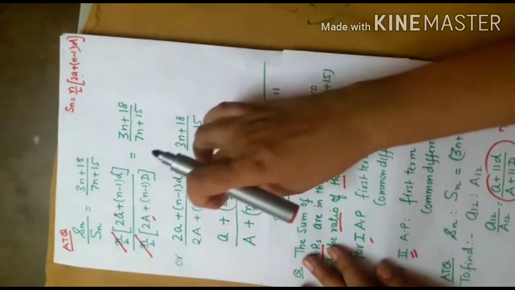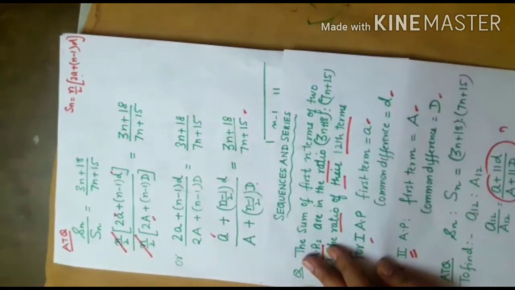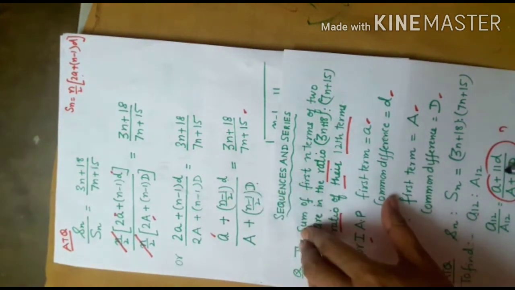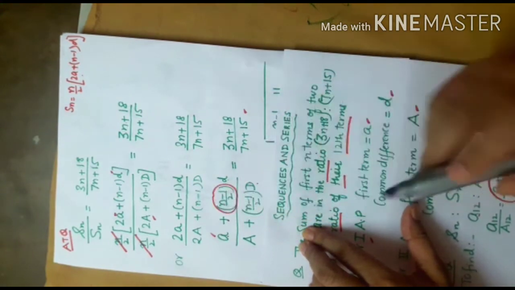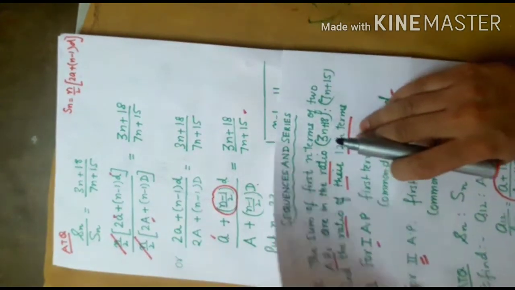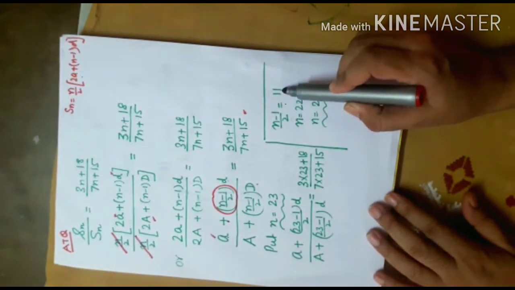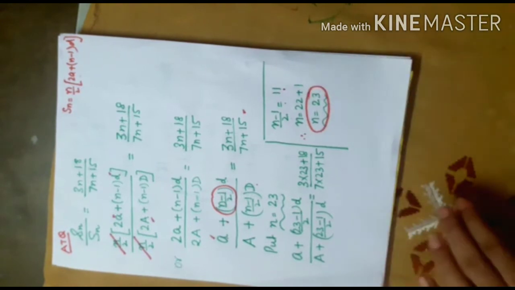Now compare this with this. This is what I need. Now the coefficient of d should be 11. That means the value of this should be equal to 11. So n minus 1 over 2 is equal to 11. Therefore, n will be equal to 23.